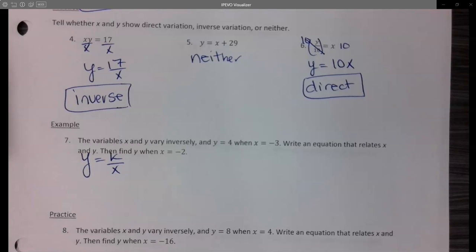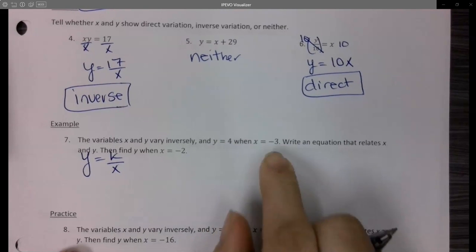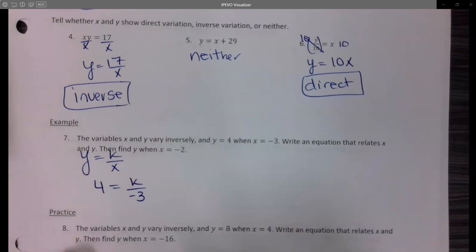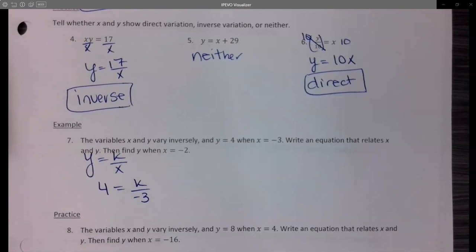First, I need to find my value of k. So I'm going to plug in y and x. I have 4 equals k over negative 3. Then, how would I solve this equation?